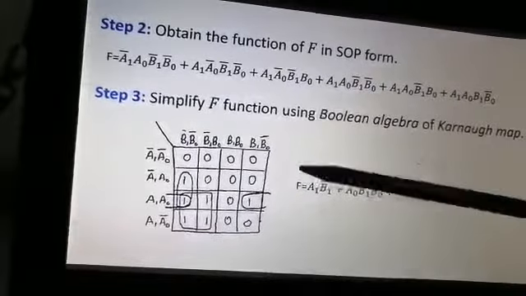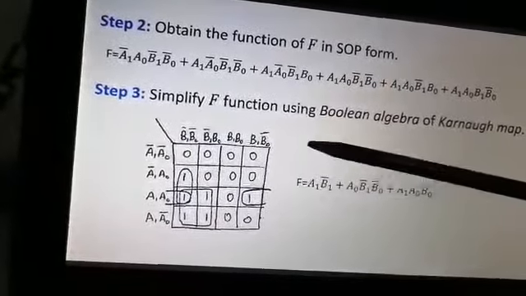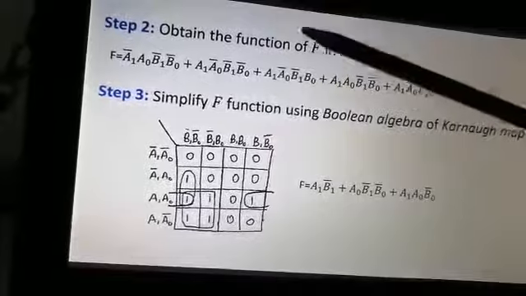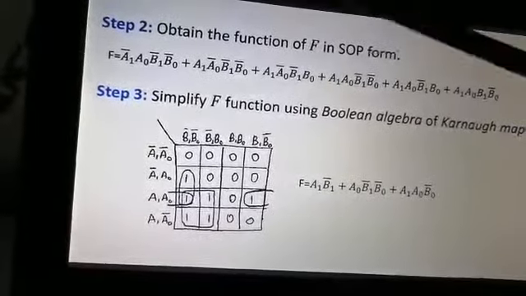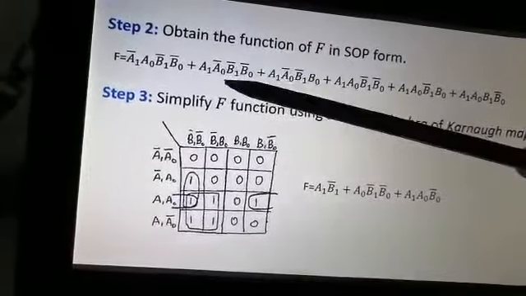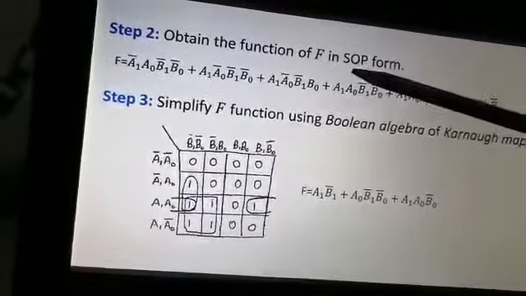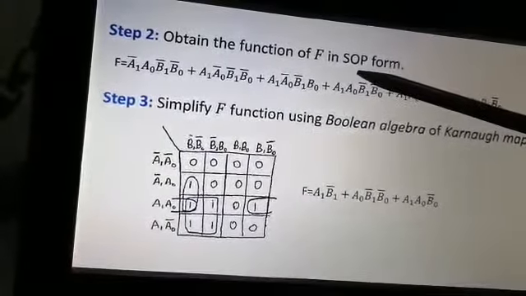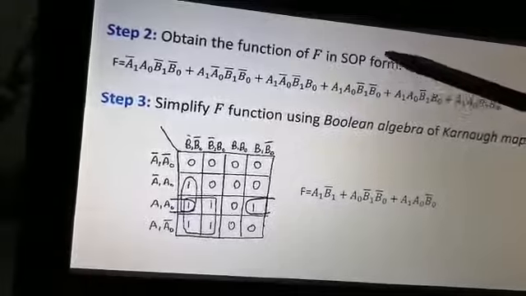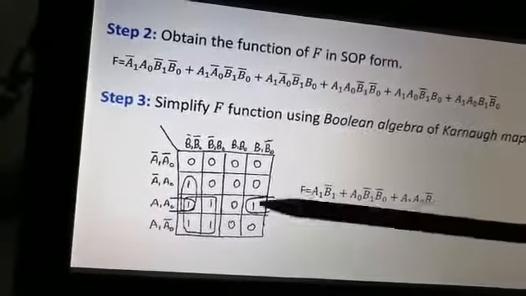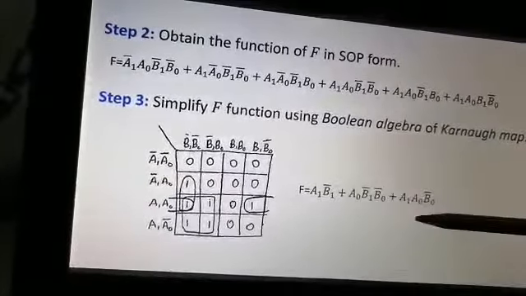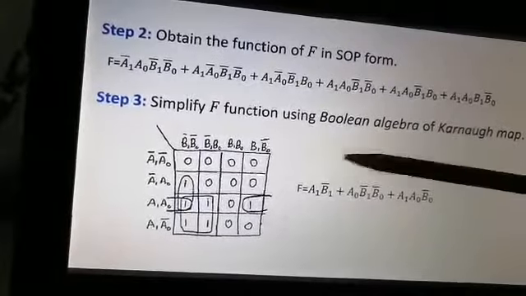For simplicity, normally we can use the K-map. It is easier for you, because as I mentioned, if you want to use the K-map, make sure this Boolean expression is in standard SOP form. Then you can use the K-map and get the simplified Boolean expression.